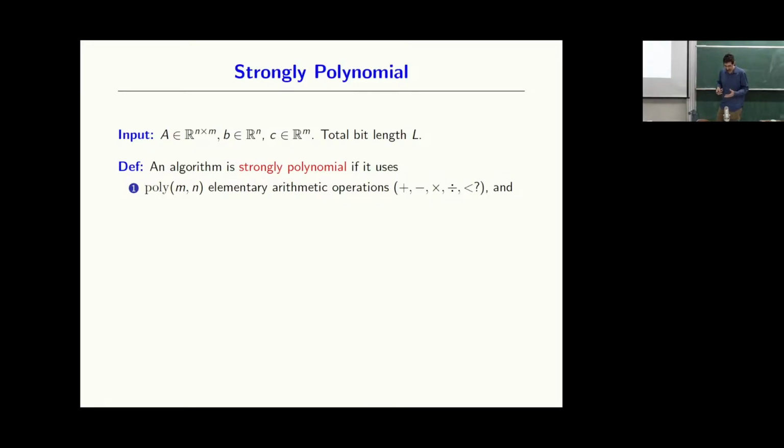And all the algorithms that we know do require a number of iterations that depends on how complicated the coefficients are.